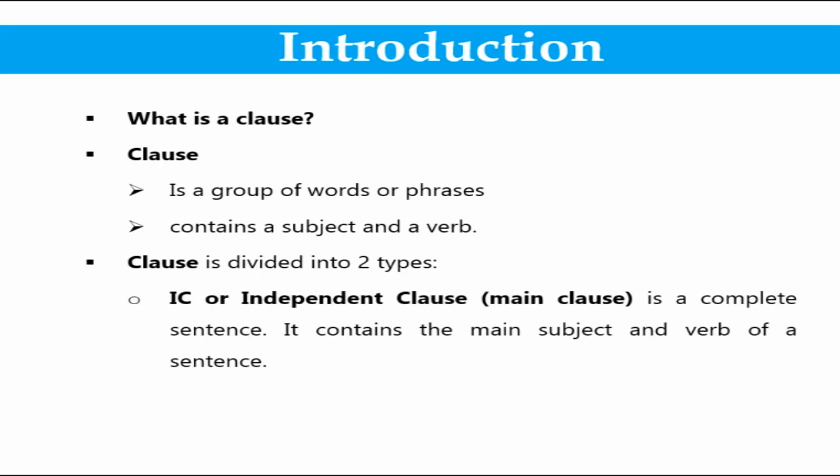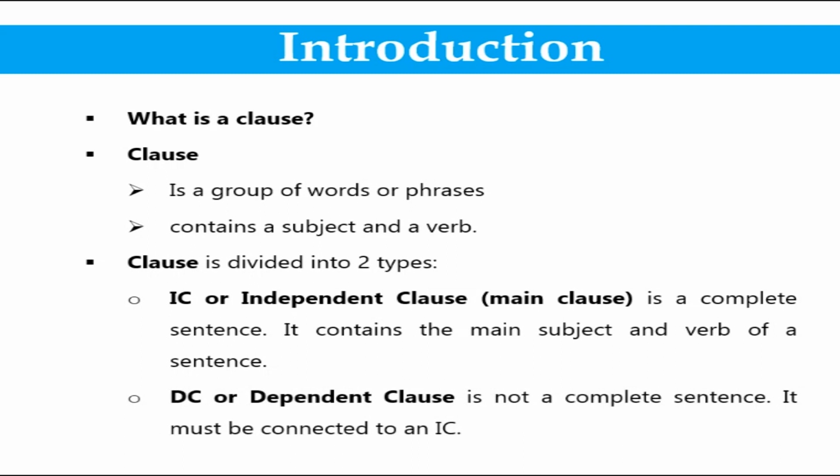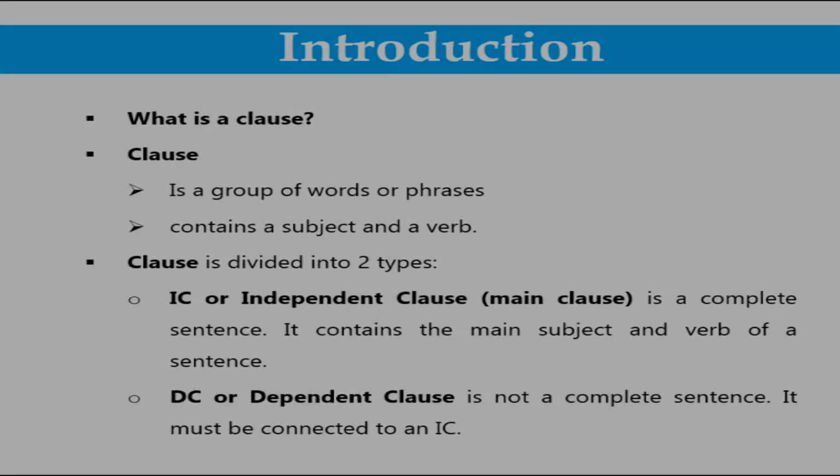The first type is IC or independent clause or main clause, which is a complete sentence. It contains the main subject and verb of a sentence. The other type of clause is DC or dependent clause, and it is not a complete sentence. It must be connected to an IC. Now let's proceed and learn about what is an adjective clause.